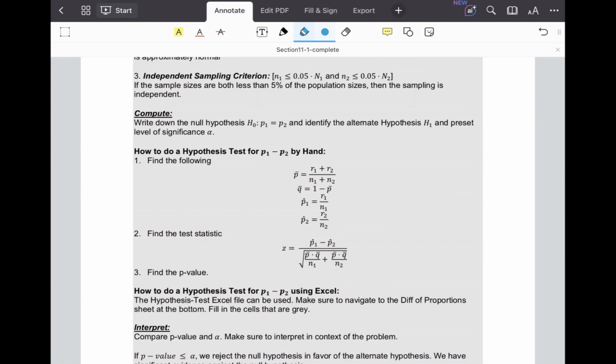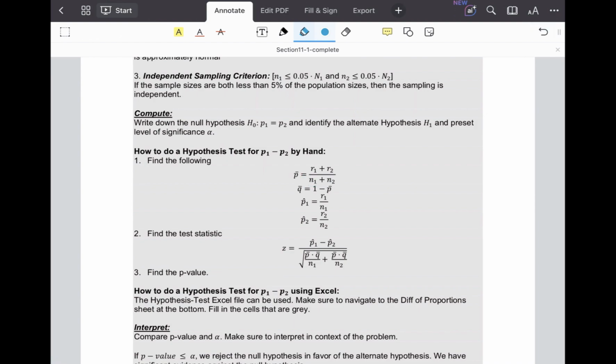Okay, a couple other things. We're not going to be doing this by hand, but if you would want to do it by hand, which I don't recommend, you can follow these steps here. One thing, this is kind of a new thing here. This is usually called the cumulative proportion, and you take the successes in both populations, add them together, and divide by the total sample size.